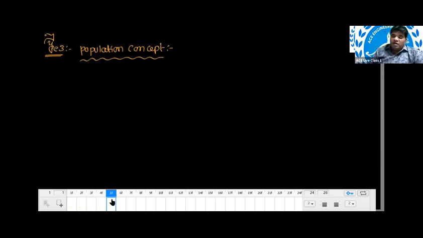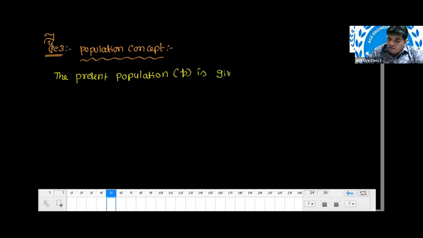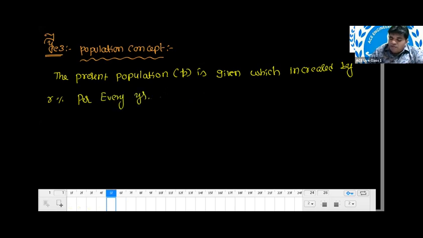So the population concept: small p is the present population, which increased by r percentage every year.